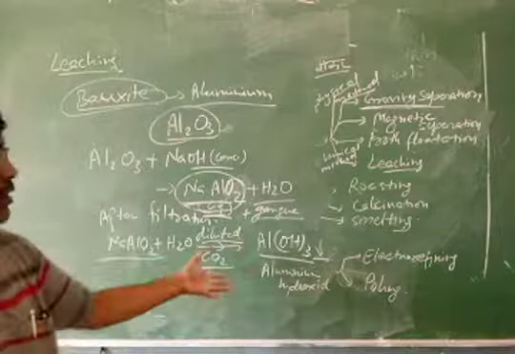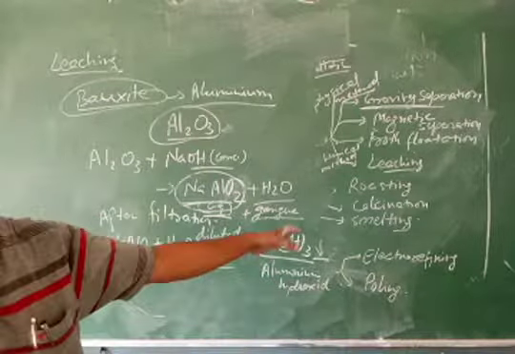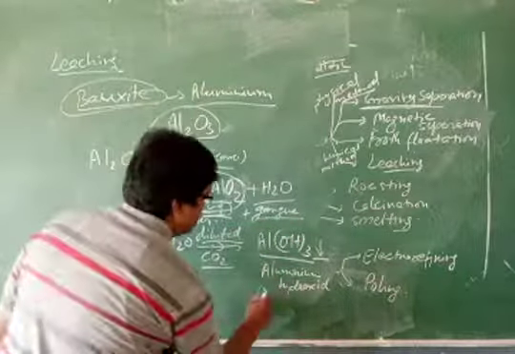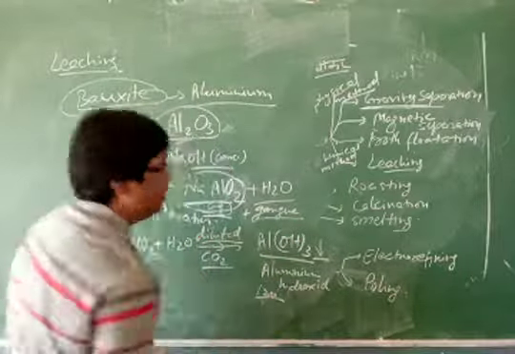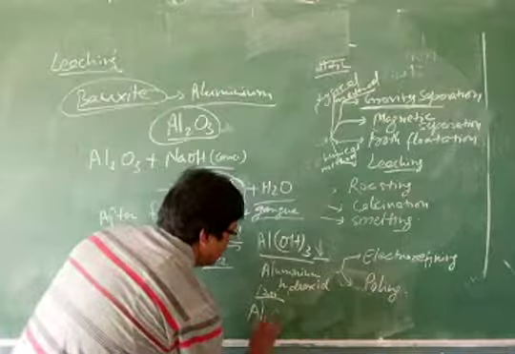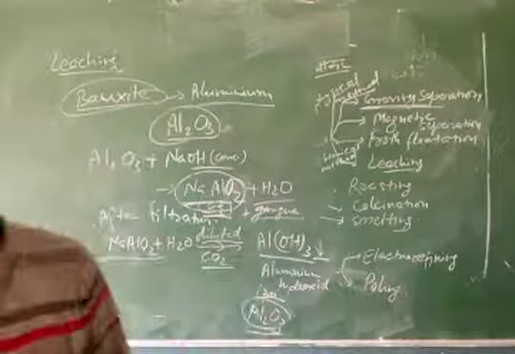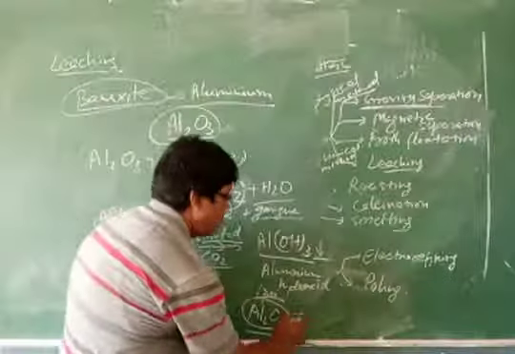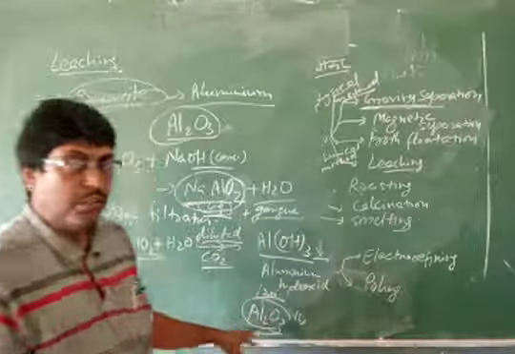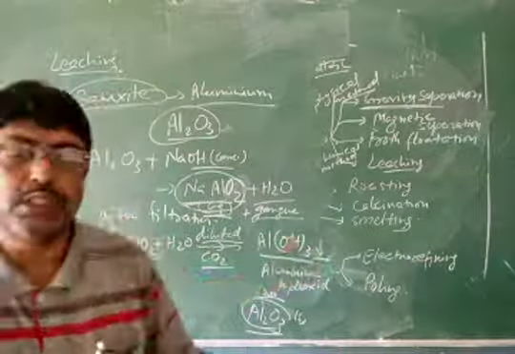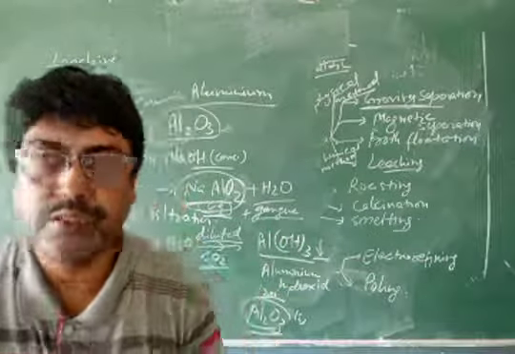This is sent for the next processing, heated up to 1200 degrees Celsius to get back Al2O3 in solid state, and the next process is the purification of aluminium.